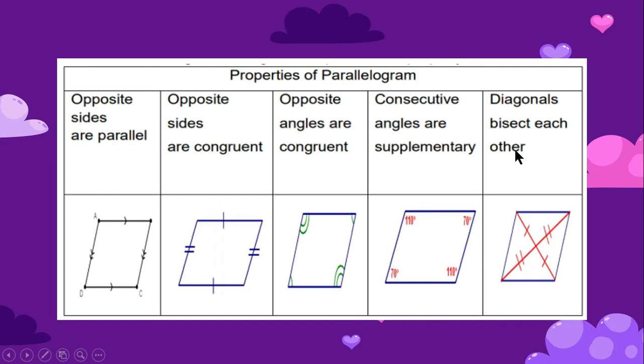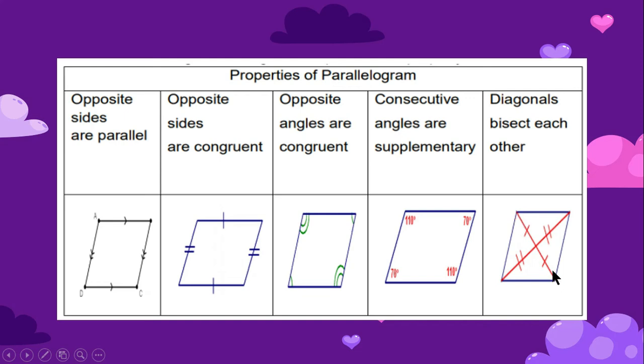And then the last property of a parallelogram: diagonals bisect each other. A diagonal is the line from one vertex, or corner, to the opposite corner.